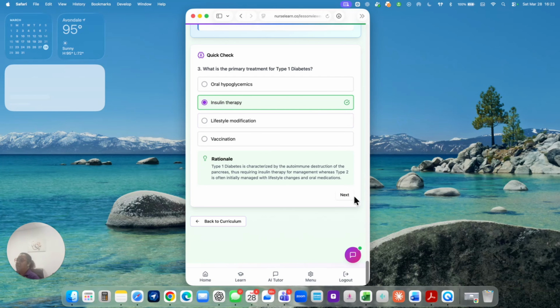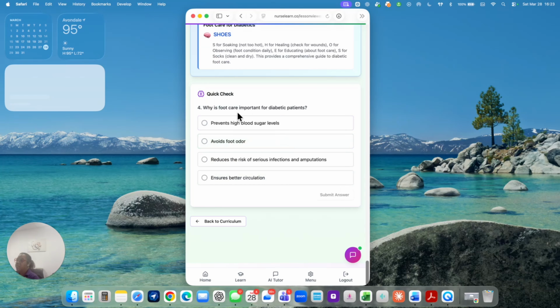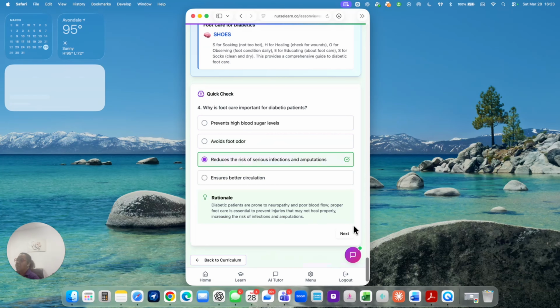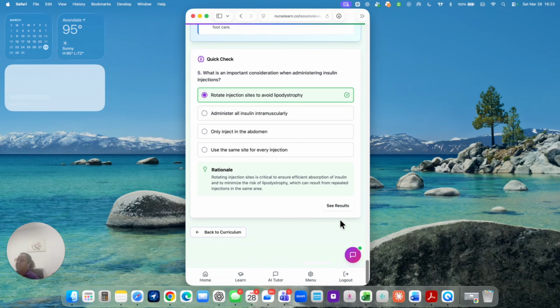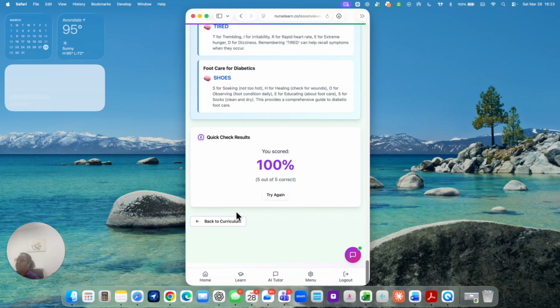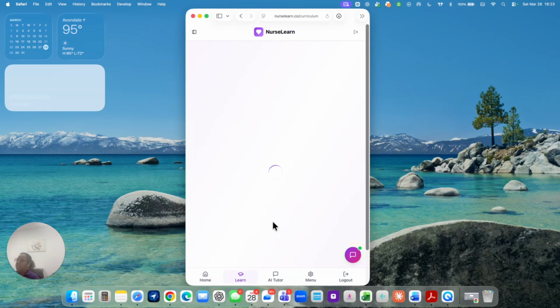Not every lesson will have a quiz, but most of them do. There's the quiz. Then we go back to the curriculum.